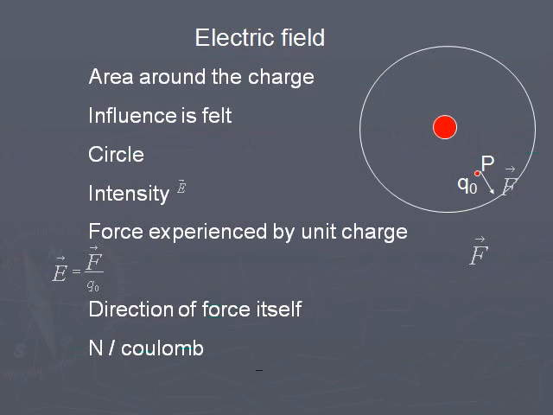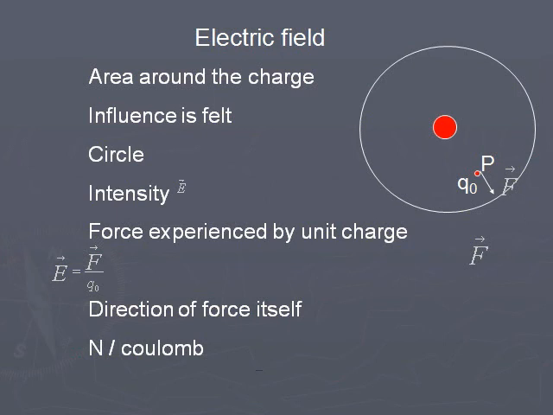So the place up to which the effect of the charge is felt, the effect meaning attractive or repulsive force on another charge, is called the electric field. The area around a charge up to which its influence is felt is known as the electric field.